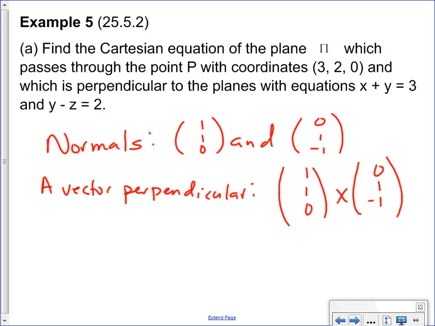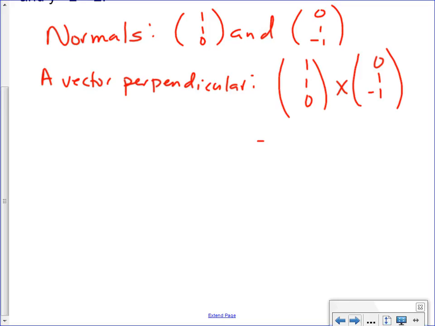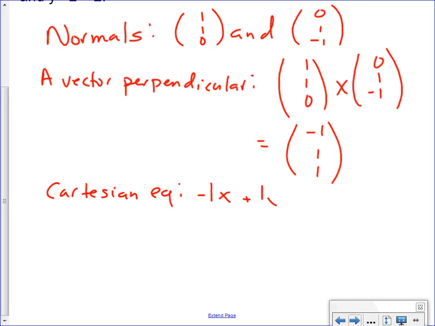Excellent. So negative 1, 1, 1. The Cartesian equation goes negative 1 x plus 1 y plus 1 z equals d. We have an x, y, and z.